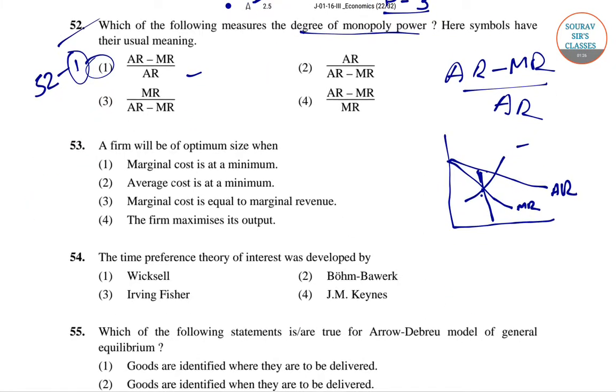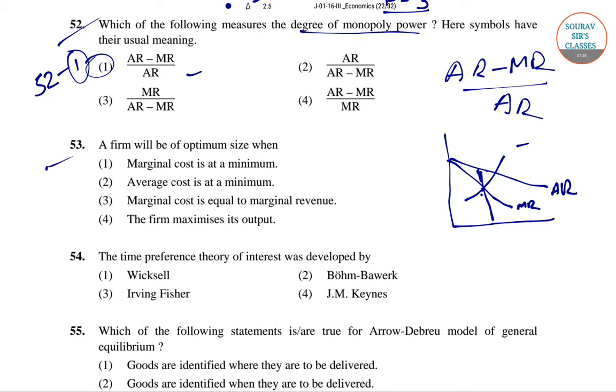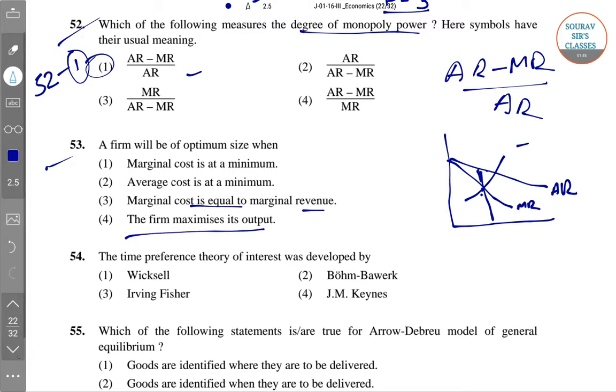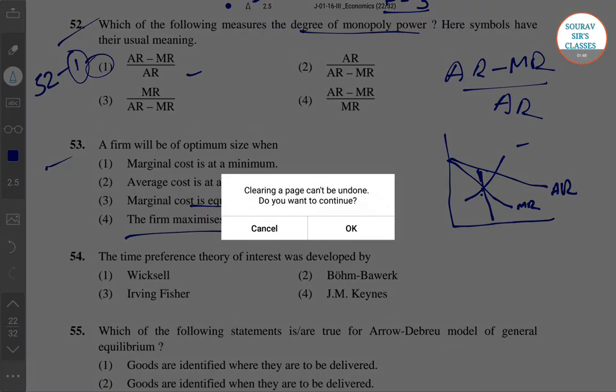Now we'll go to the next question, which is question number 53. It is given: a firm will be of optimal size when, and 4 options are given. Marginal cost is minimum, average cost is minimum, marginal cost is equal to marginal revenue, and the firm maximizes its output. We have to figure out which one is the right answer.